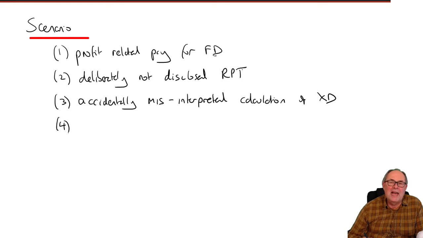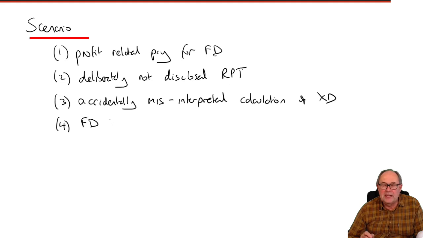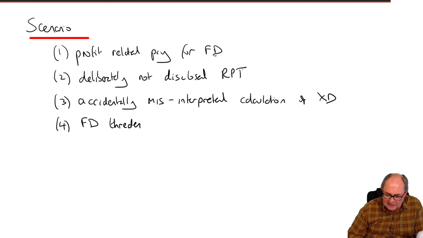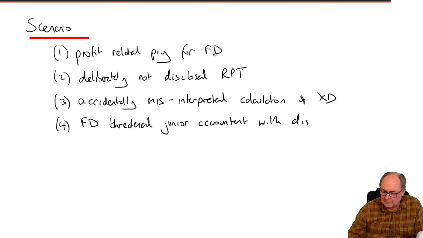And maybe just to add a bit of fruit, we'll also say that the FD has told the junior accountant that if they don't comply, they're going to go and meet Mr. or Mrs. Sackings. So the FD has threatened the junior accountant with dismissal.